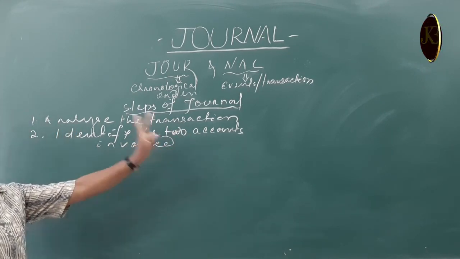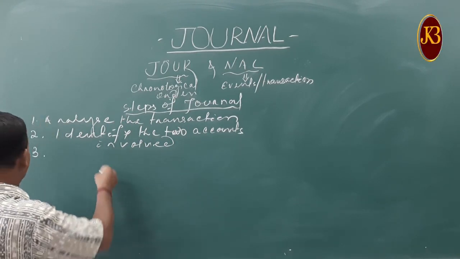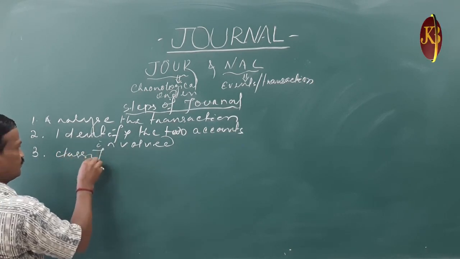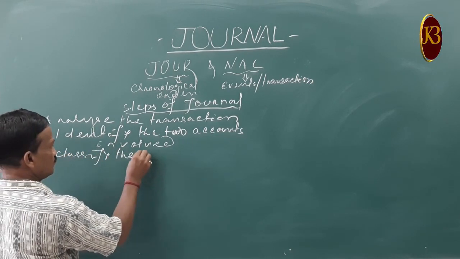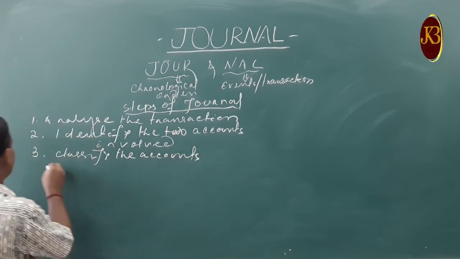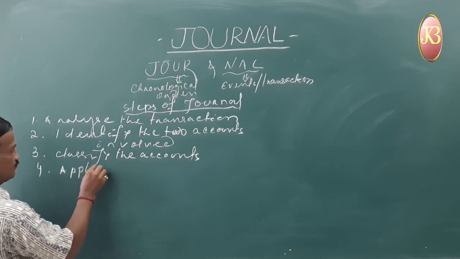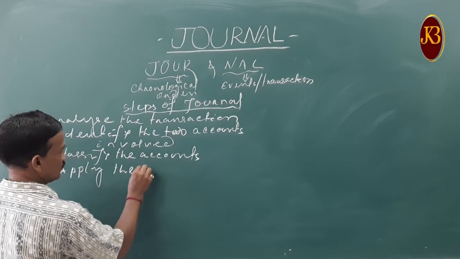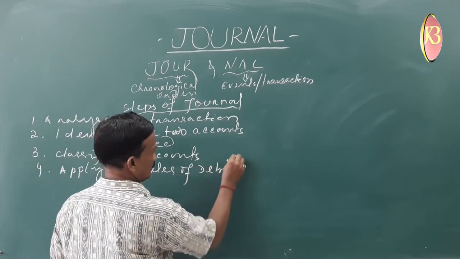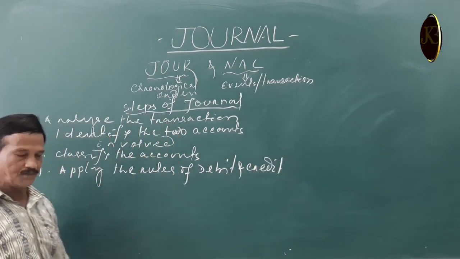The third step is to classify the accounts. The fourth is to apply the rules of debit and credit.